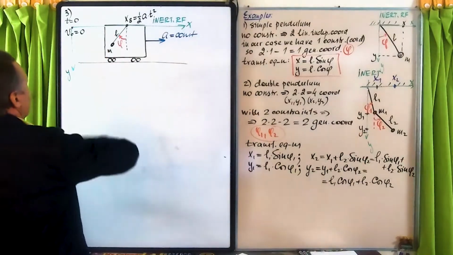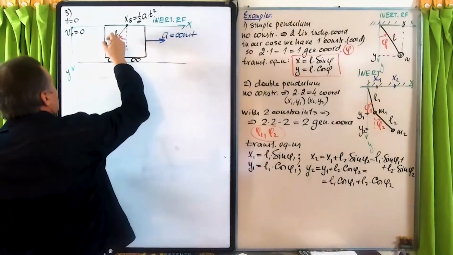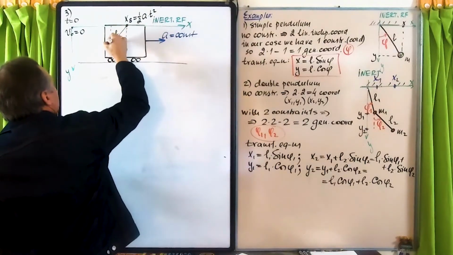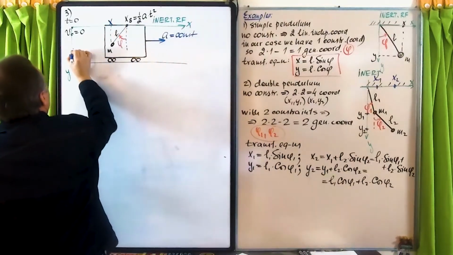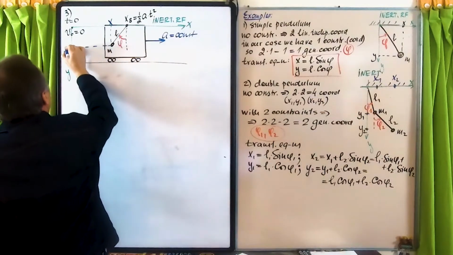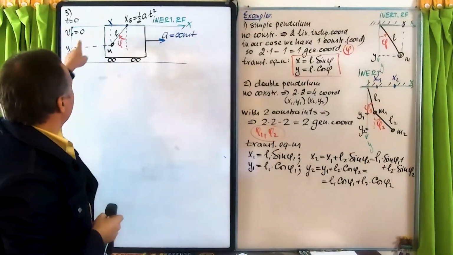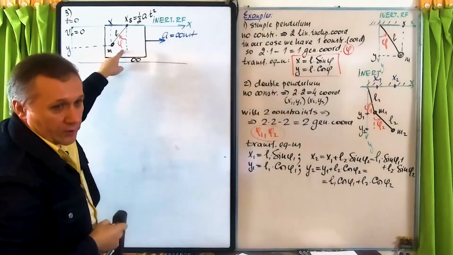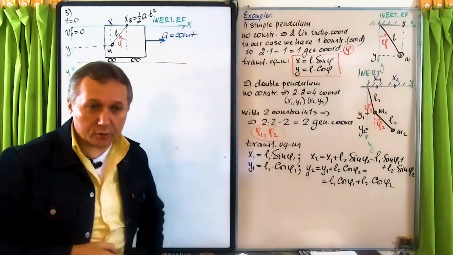Okay, so now I can write coordinates of this bob. This will be x, and this will be y. Now we need to write x and y in terms of this generalized coordinate and the information about the point of suspension.